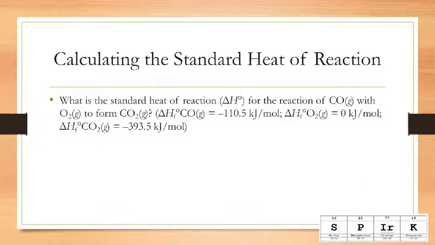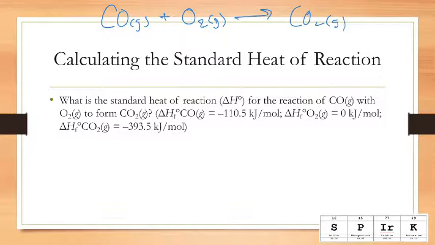What's the standard heat of reaction for the reaction of carbon monoxide with O2 to form CO2? So the first thing we want to do is write our balanced equation. So we are taking carbon monoxide gas, we're combusting it to get CO2.